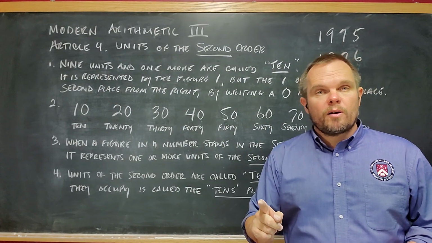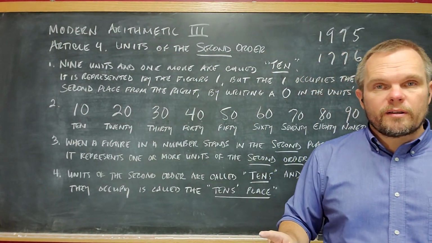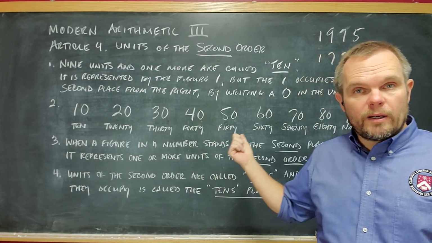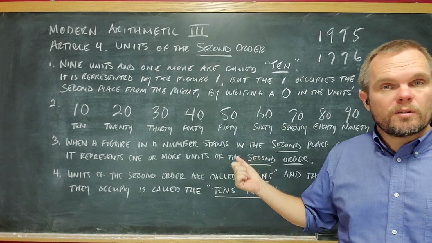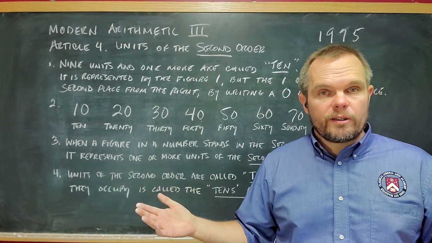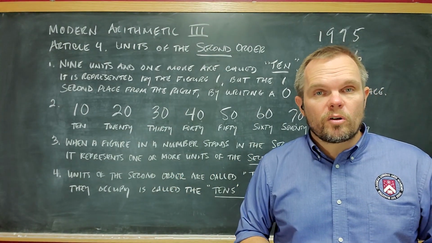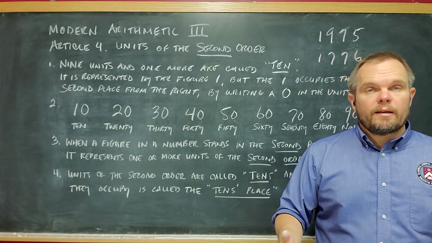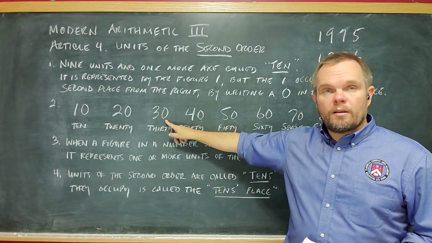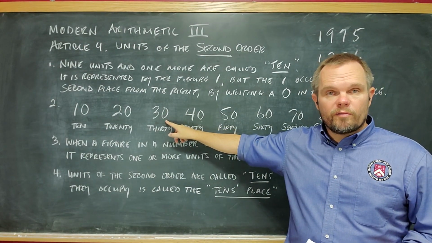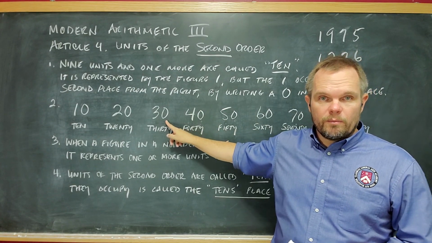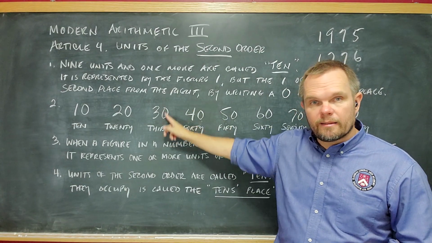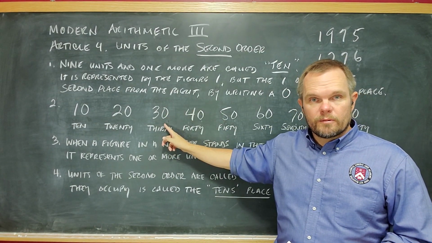And remember, we still have only learned 10 different figures in Arabic notation, and we can now write all of these numbers with just 10 figures. 9 of those figures are called significant figures because they denote something, and the figure 0 represents an empty or vacant order in a number. Okay? 0 stands for nothing. Nothing in that order. Okay?